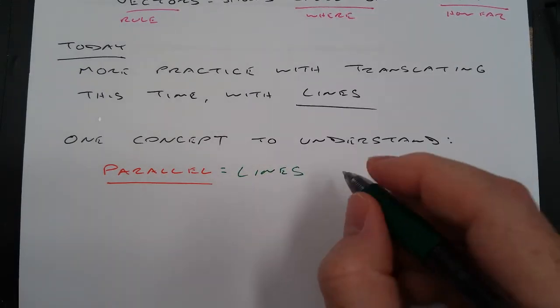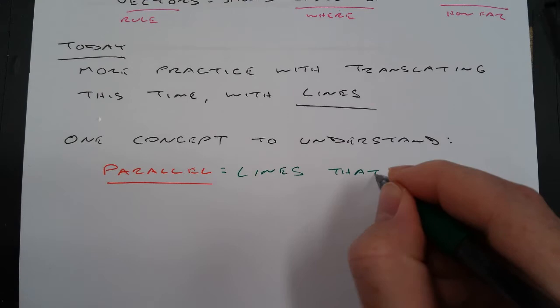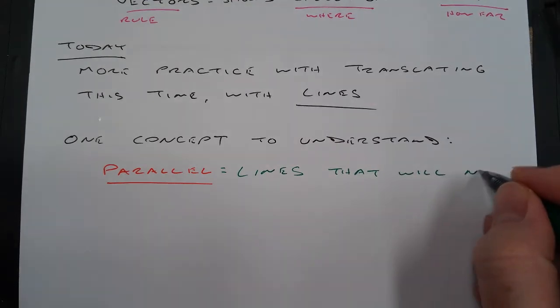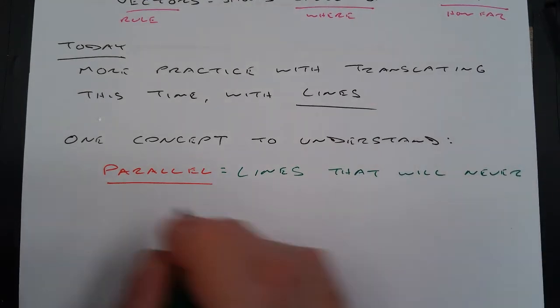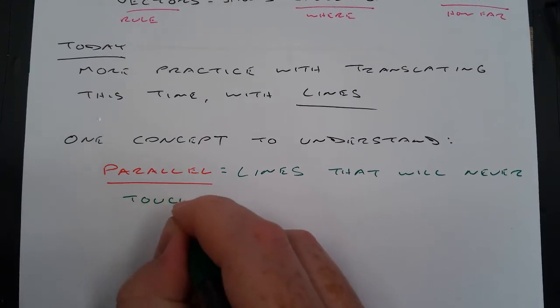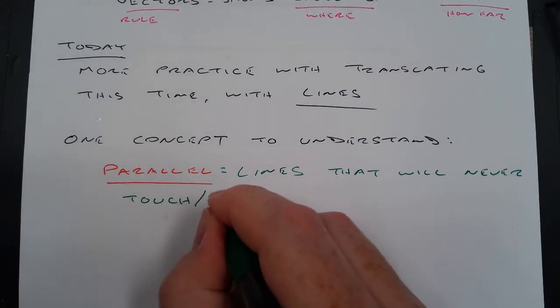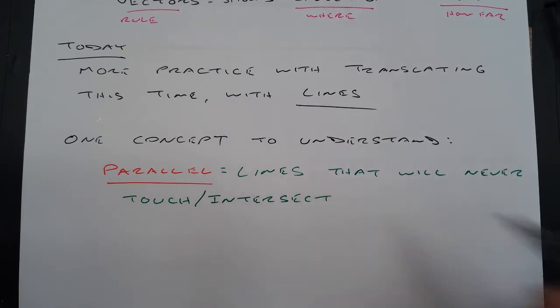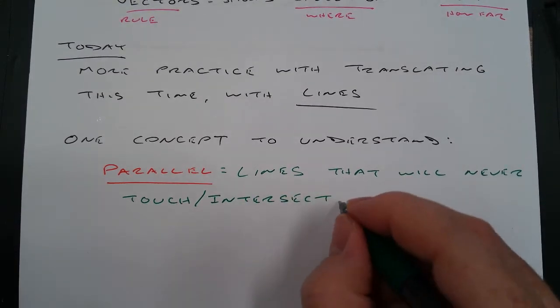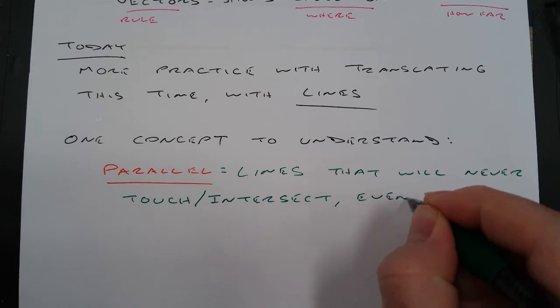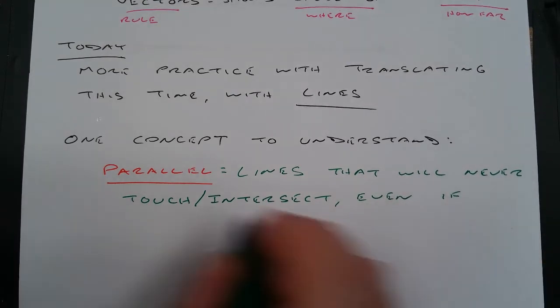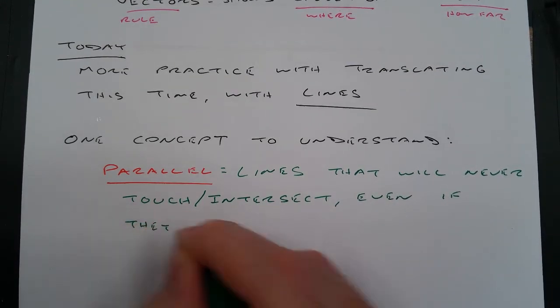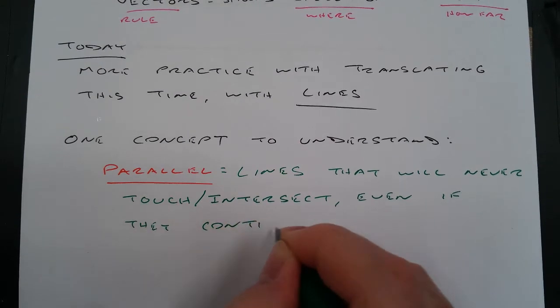Parallel describes lines that will never touch, or lines that will never, mathematical term, intersect. 2 lines that will never intersect, even if they continue forever.